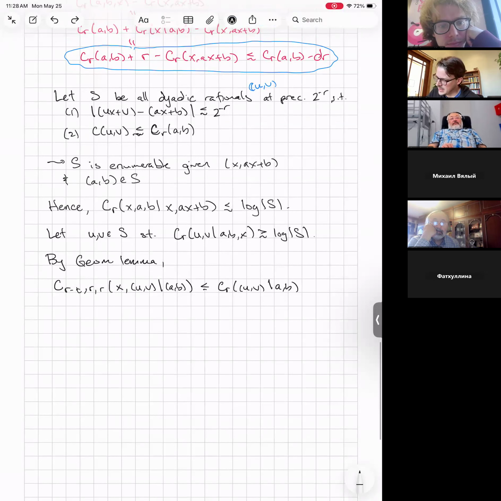Now we can deal with the left-hand side because it's easier, and it's just several applications of the symmetry of information and the assumptions.